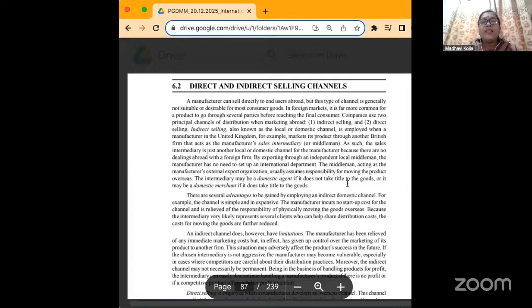Then we call it direct selling. Whereas in indirect selling, we leverage the domestic distribution channel that we are perhaps using locally, which is not under the company's umbrella but is a third party providing the distribution service, even in the home country. And we take their help to sell our products outside the country. In that case, they are called indirect channels.